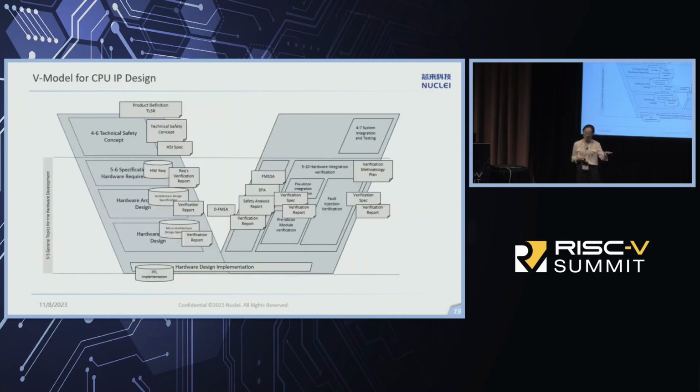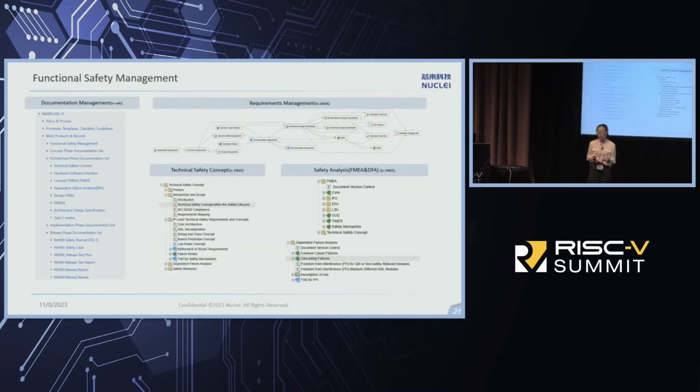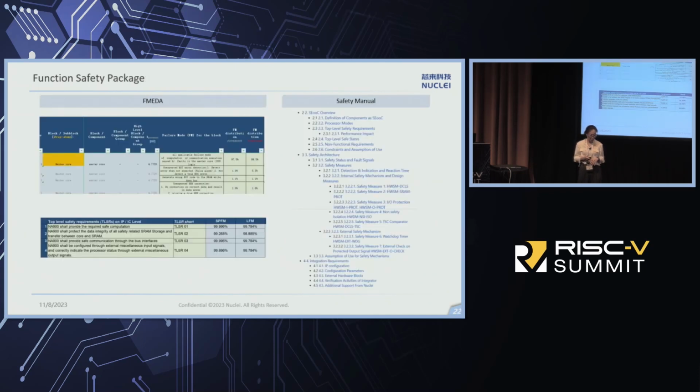This is the customized V-model for processor IP design. I think majorly part 5 of the standard is applicable. We adapt the process from concept to architecture, microarchitecture, and then release phases. To make sure all the requirements and documentation are traceable, we use JAMA to manage that. This is an example, a partial view, of the functional safety package, including the FMEDA report.